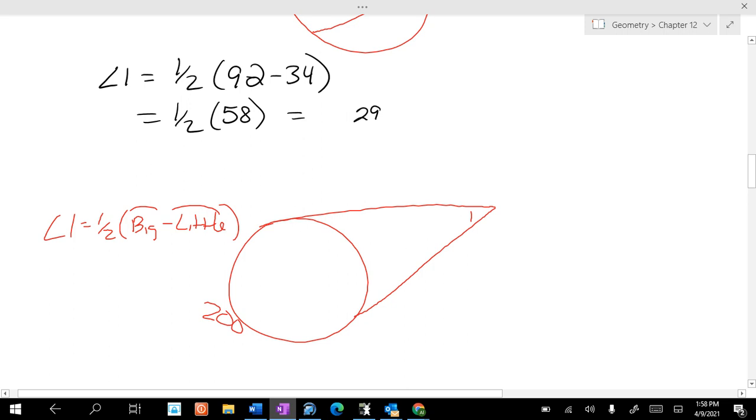How do we know the little arc if I know the big is 200 and I have two tangents? I have a tangent line hitting here and a tangent line hitting here. How do I know the little arc if the big arc is 200? Don't divide by 2.